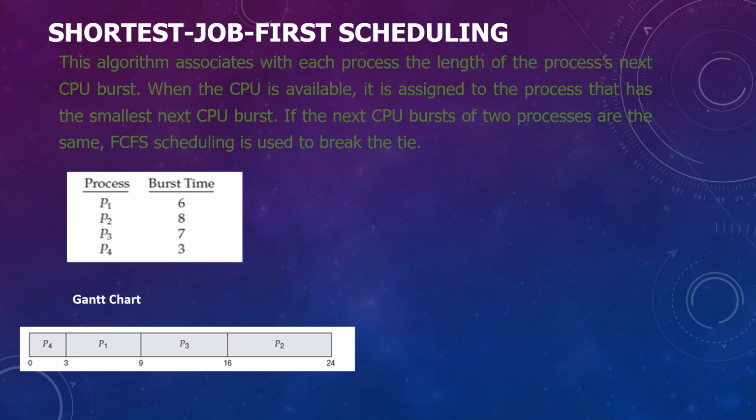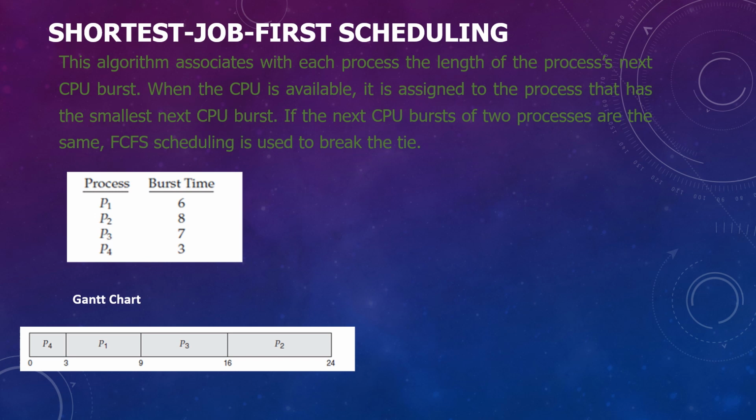The next CPU burst process is process P1, having a burst time of 6, which is lesser than the burst times of process P2 and process P3. So P1 gets the chance and will be executed next by the CPU. After finishing 6 milliseconds of operation, it comes out at the 9th millisecond.